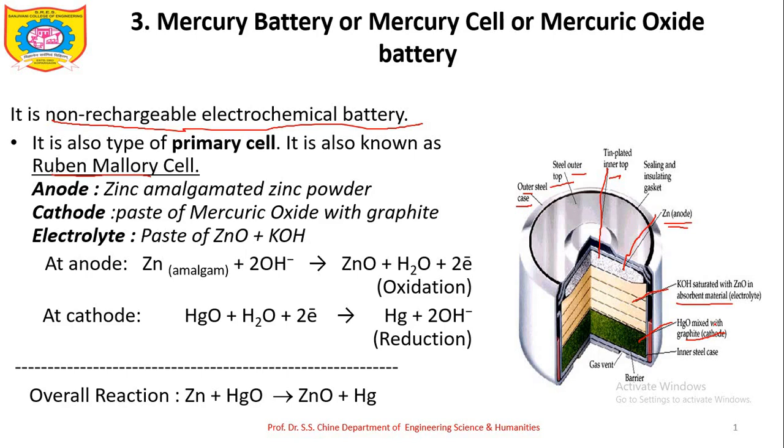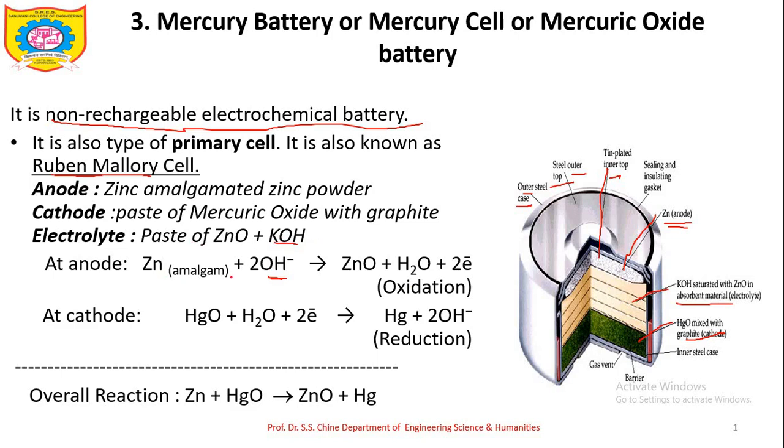Now see the reactions in this battery. The anode is our zinc, which is amalgamated, along with mercury. This zinc will react with the OH minus from the electrolyte, which is a paste of zinc oxide plus KOH.